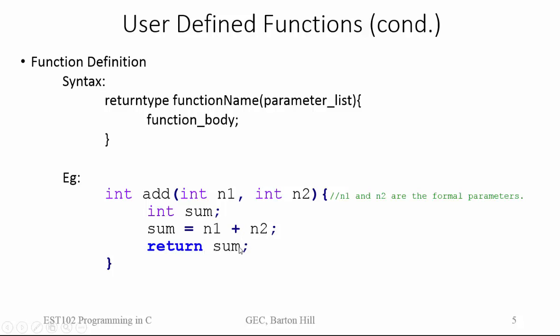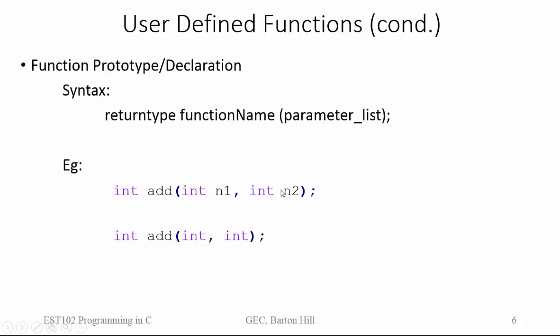Since sum is an integer value, the return type of the function is int. This is how we define a function. Here n1 and n2, the parameters inside the function definition, are called formal parameters.